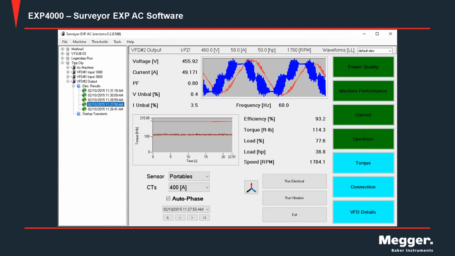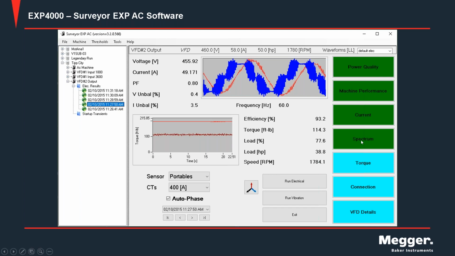So some examples, this is a screenshot of the EXP4000, what we call the Surveyor software. And you can see we're looking at a VFD motor here. All the different buttons are laid out so you can drill into your area of interest. I want to look at power quality parameters associated with voltage, I click on power quality. If I want to look at torque related issues, I click on torque.